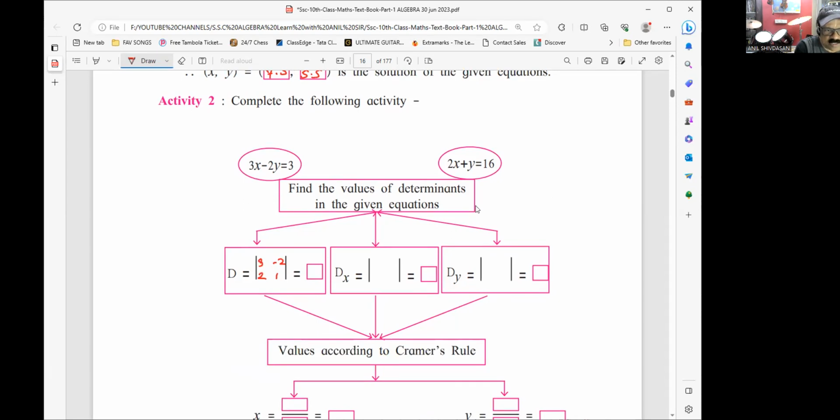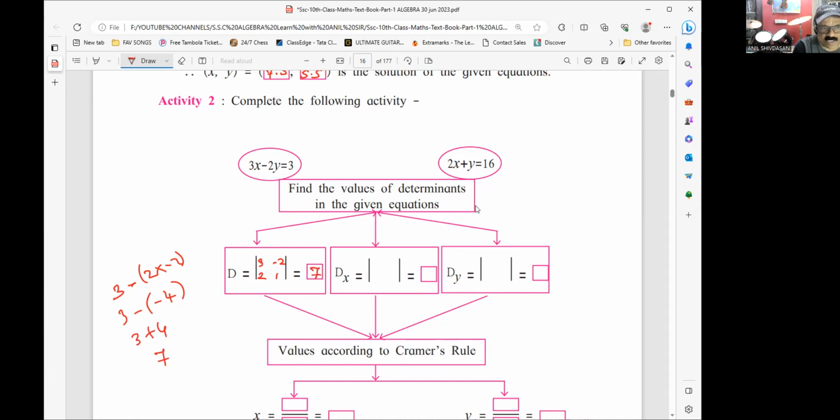So what you get here is 3 into 1 is 3, minus 2 into minus 2, which is 3 minus minus 4. So 3 plus 4, and this is actually 7.